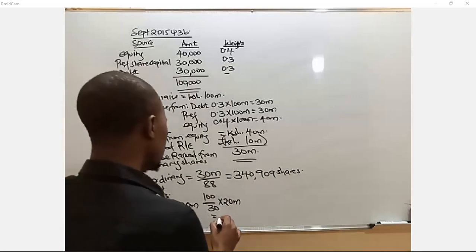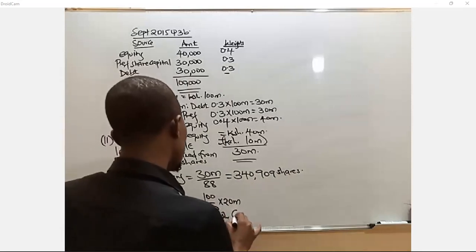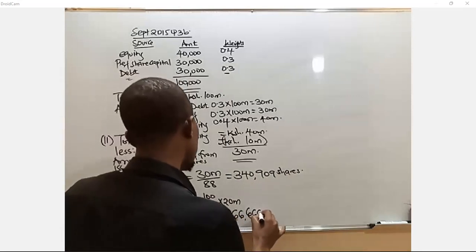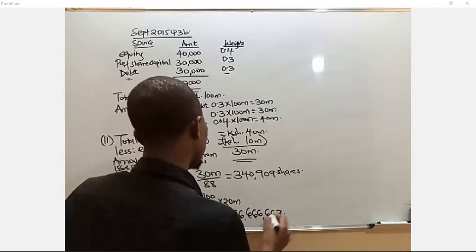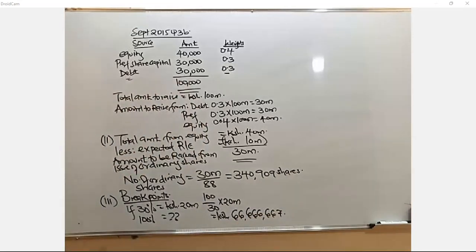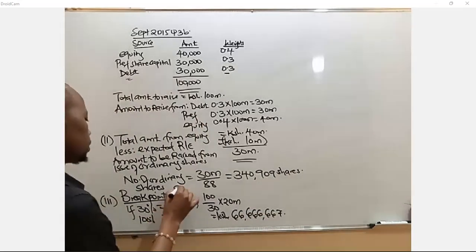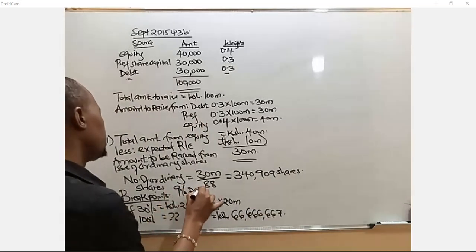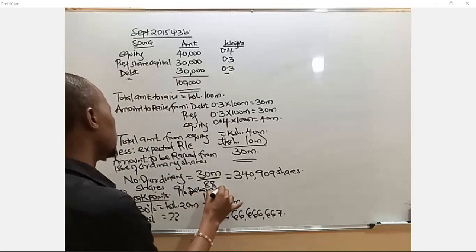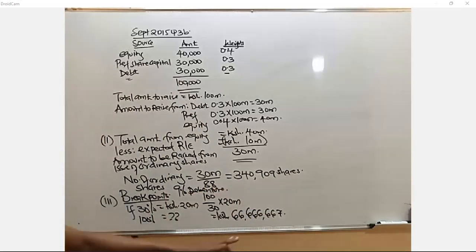We are getting Kenya shillings 66,666,667. That is the amount we can raise if we fully utilize the 9% debenture.